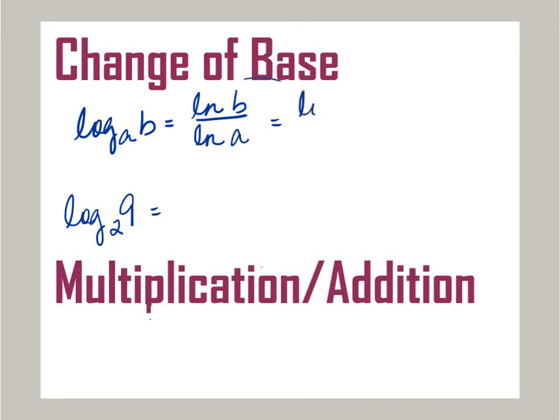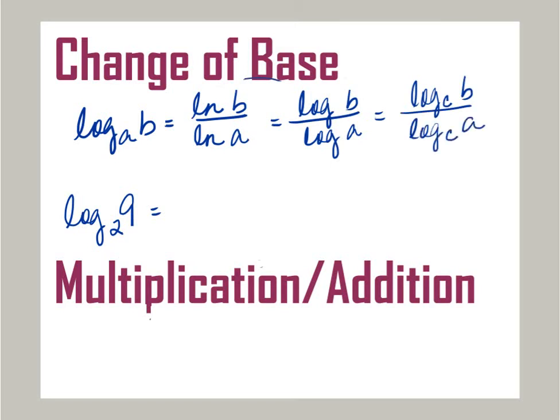I could also use the common log of b over the common log of a. Indeed, I could use any log that is common to both the numerator and the denominator to figure out what that value is. So in the calculator, I would want to put in log of 9 divided by log of 2 to find this answer.